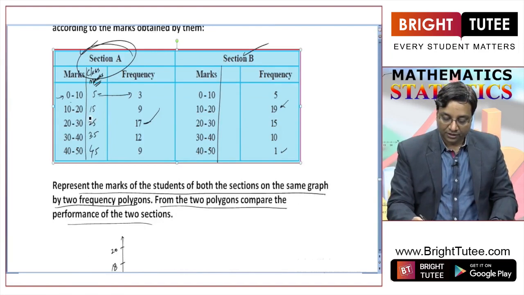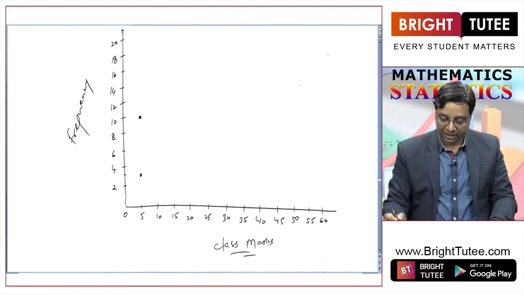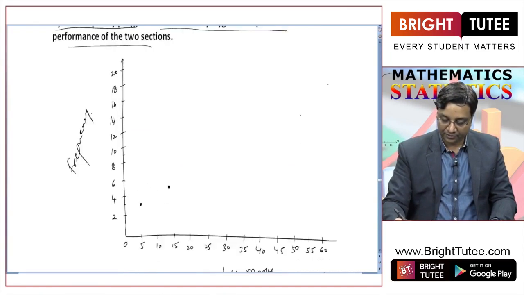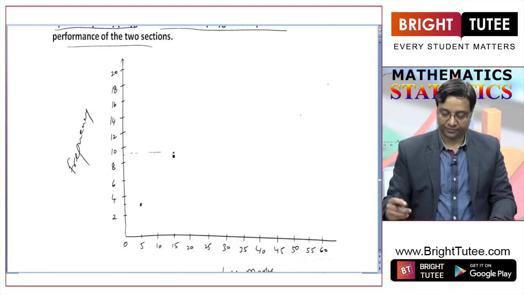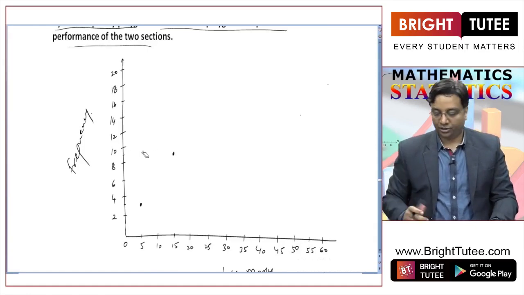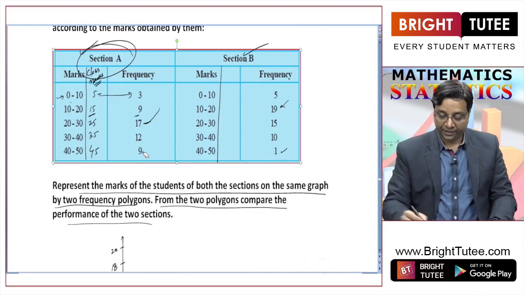For this one, 15, frequency is 9. So for 15, frequency is somewhere here. So the point will be this one. This point represents 15, 9.